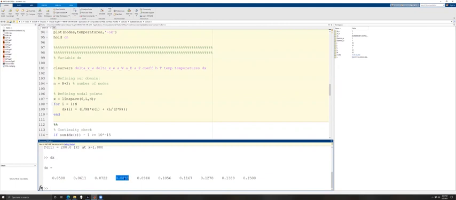And you can see how these lengths, our dx's, are increasing. This is going to be 0.0833, 0.0944, 0.1056, 0.1167, 0.1287, and this is 0.150. So our last control volume, our 10th control volume, is actually 3 times longer than our first control volume.